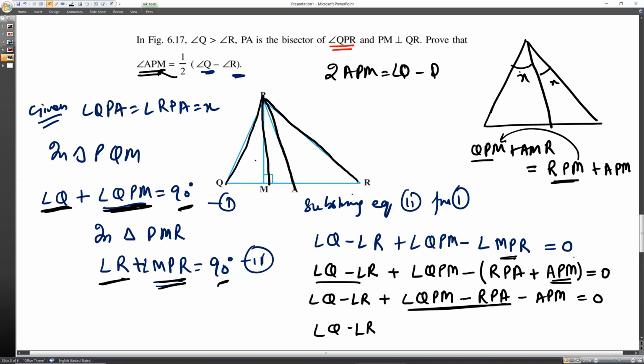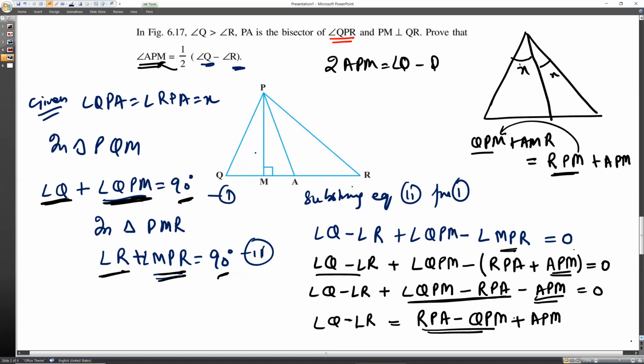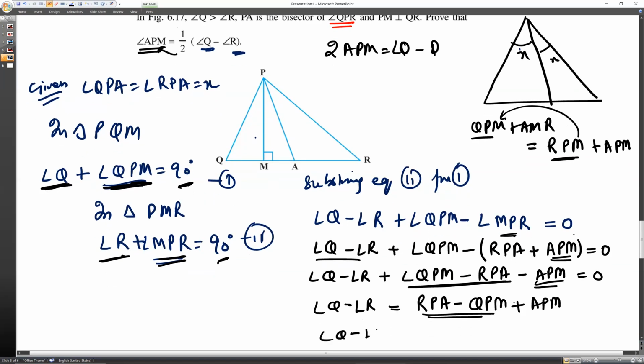When this goes to that side, I'm going to take each and everything to that side. So this will become plus RPA minus QPM, and this will also become plus APM, and the value of this one is APM. So you can write QPR minus RPA minus QPM. This is equal to X.